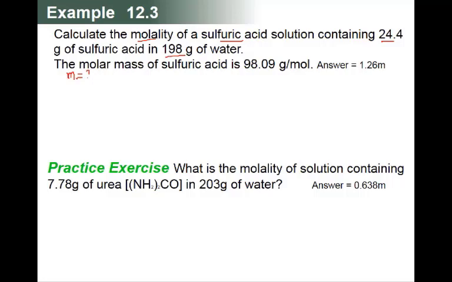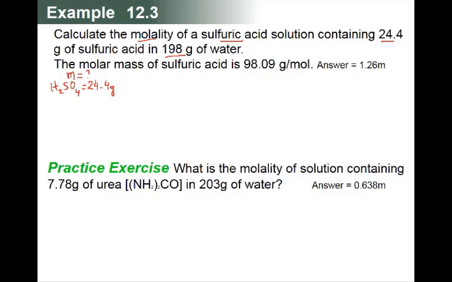H2SO4, sulfuric acid, is equal to 24.4 gram.